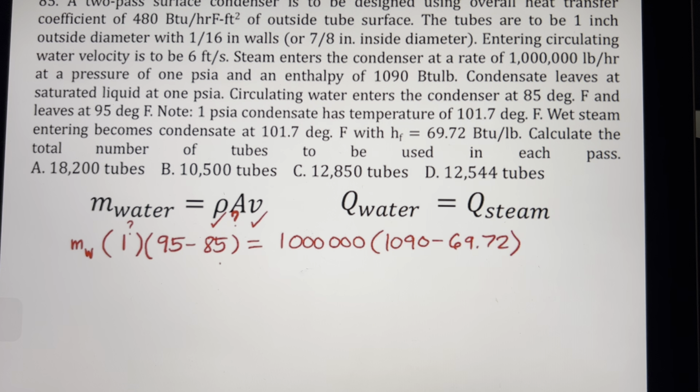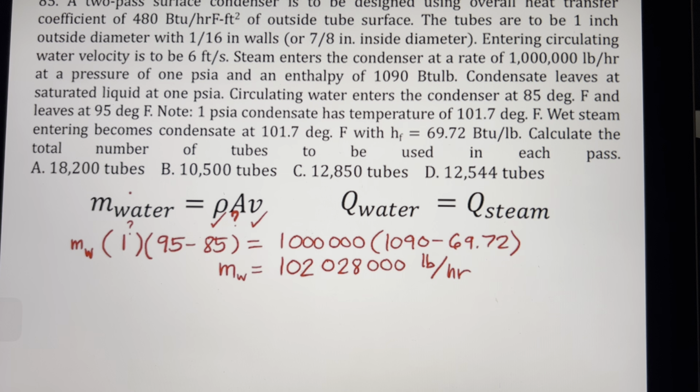Calculating that equation, what is the amount of water to be used to absorb the heat rejected from the steam? So that is equivalent to 102,028,000 pounds per hour. So that's the unit of our mass flow rate of the water, because it is the same with the unit of the mass flow rate of the steam.